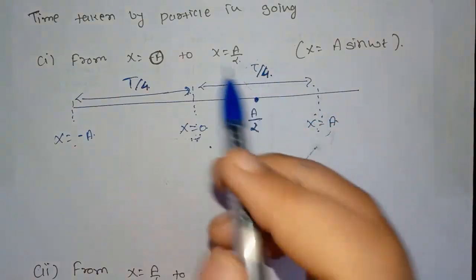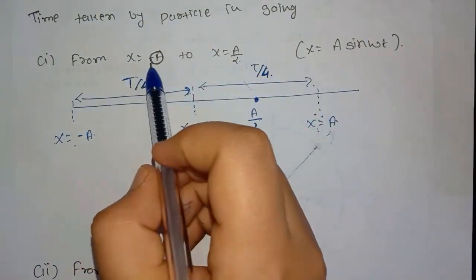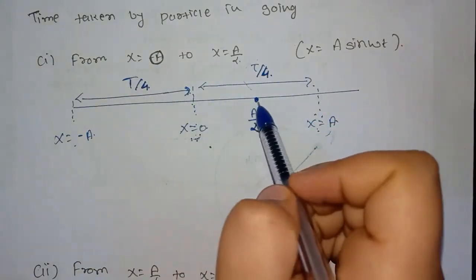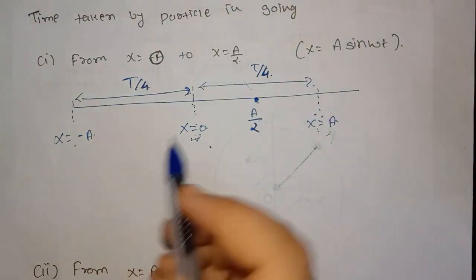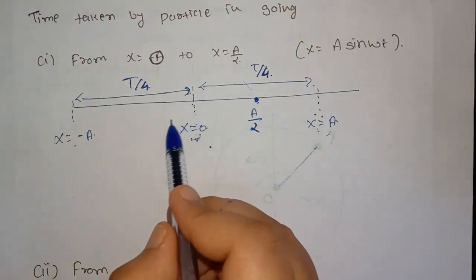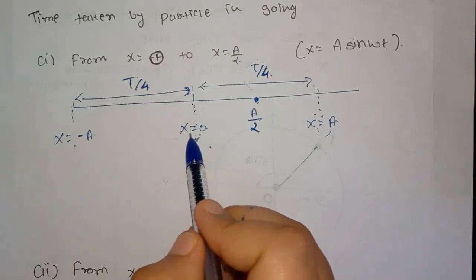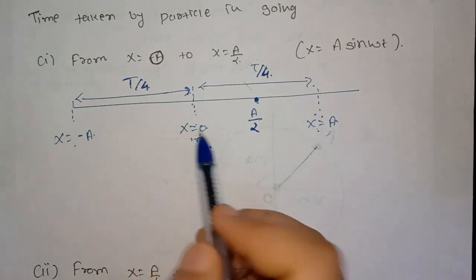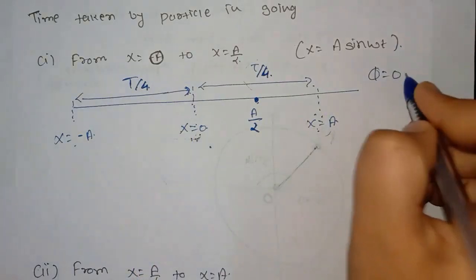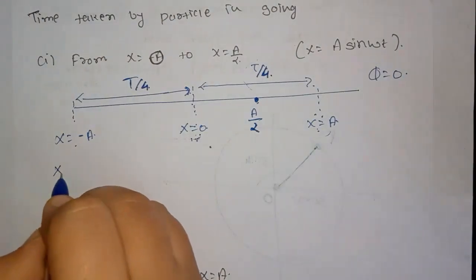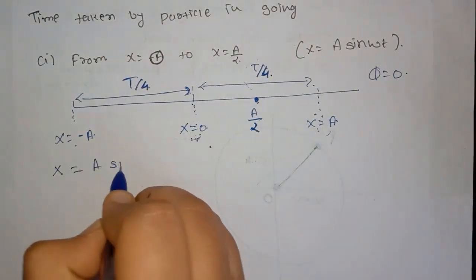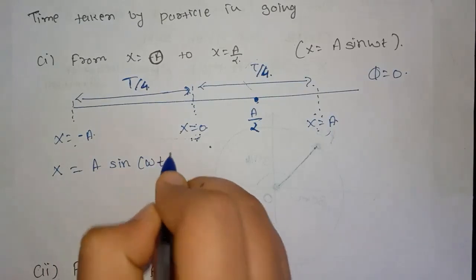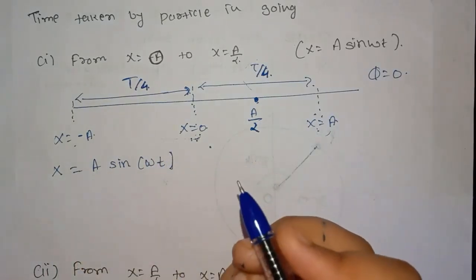We want to find first the time taken from x equals 0 to reach x equals A by 2. Here, as it is starting from mean position, the initial phase will be 0. So we can write the equation x equals A sine of omega t, because phi is 0.